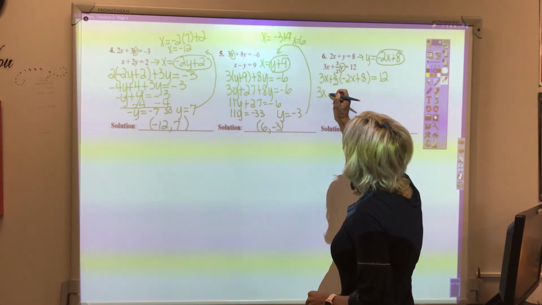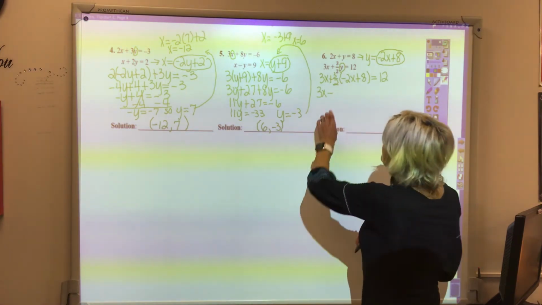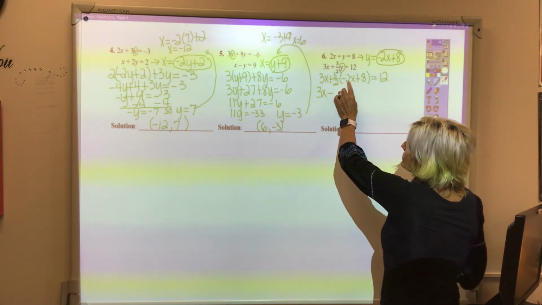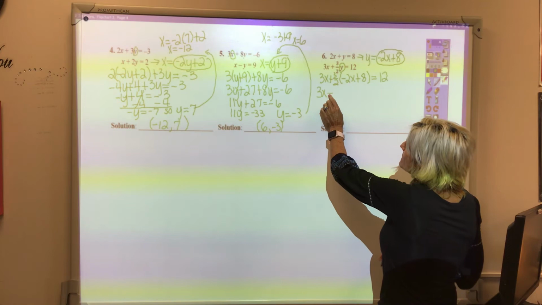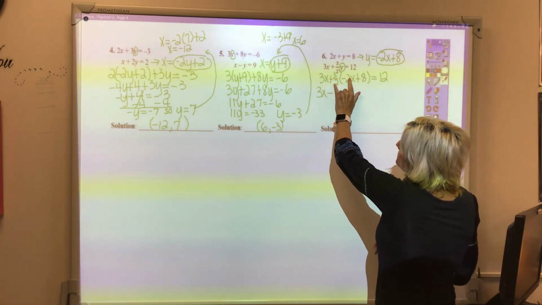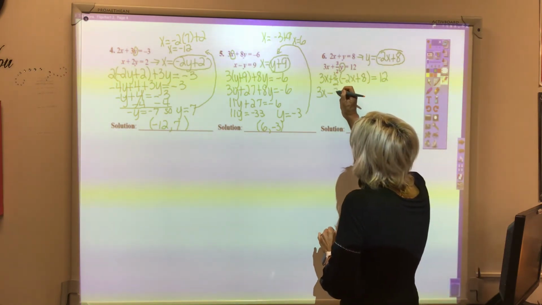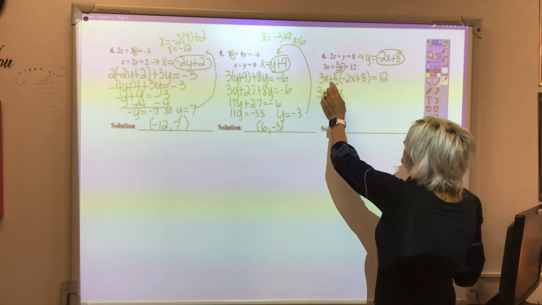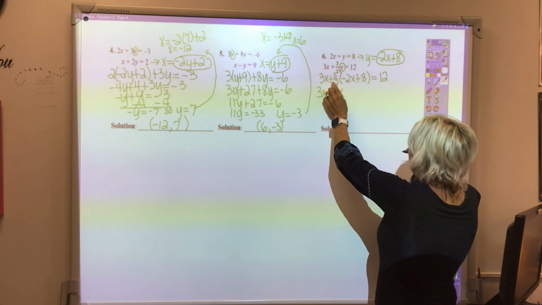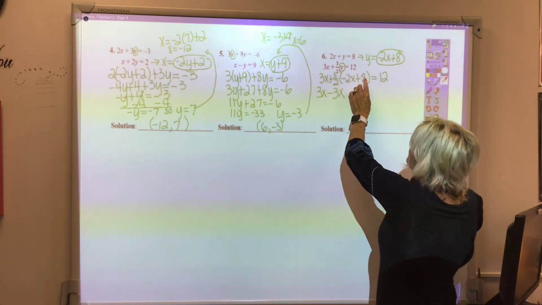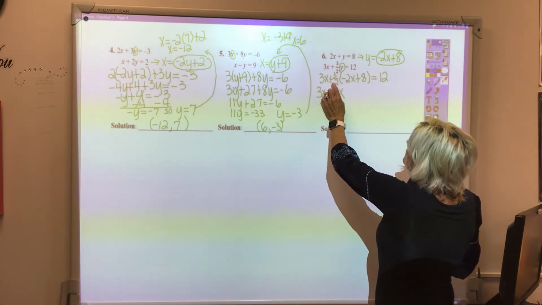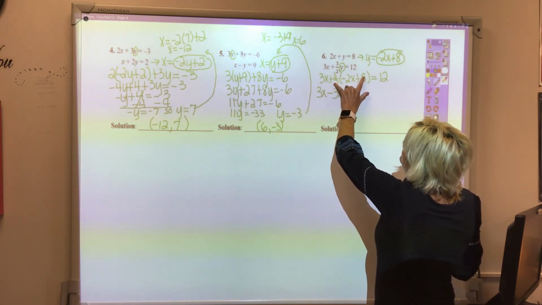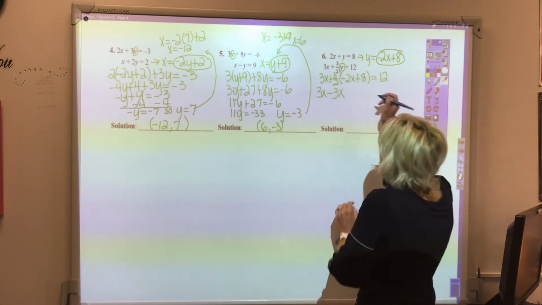3x minus, because I'm multiplying 3 halves and a negative 2x, so that's going to be minus. The 2's will cancel, so I have minus 3x. Then I'm going to take 3 halves times 8, and the 8 divided by 2 would give me 4, 3 times 4 would give me 12.